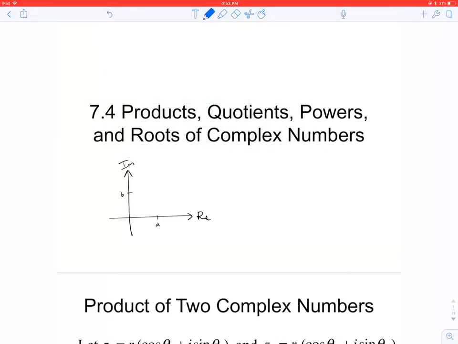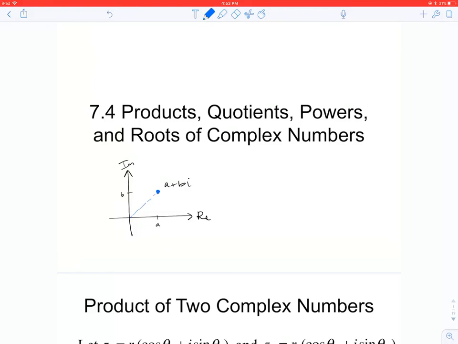A complex number in rectangular form would have horizontal component A and vertical component B, and that point could represent the number A plus Bi. Okay, so A plus Bi is in rectangular form.